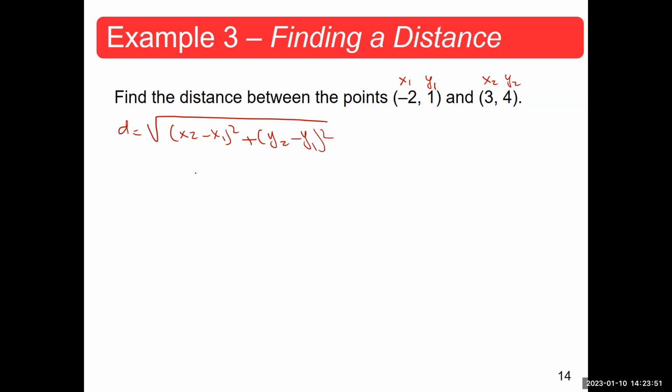Let's plug in all the numbers. x2 is 3 minus x1. Be careful.